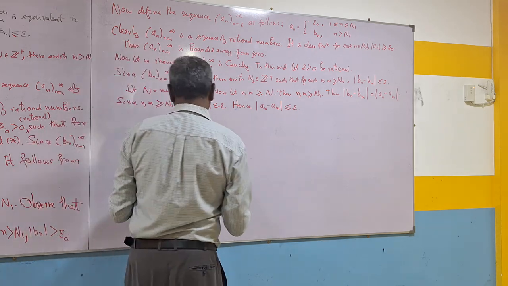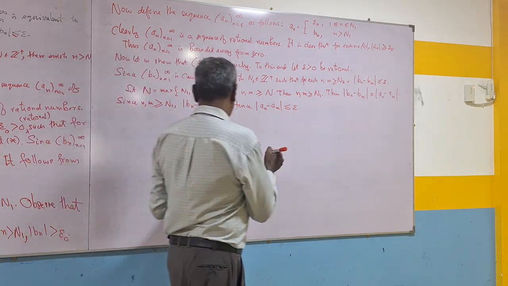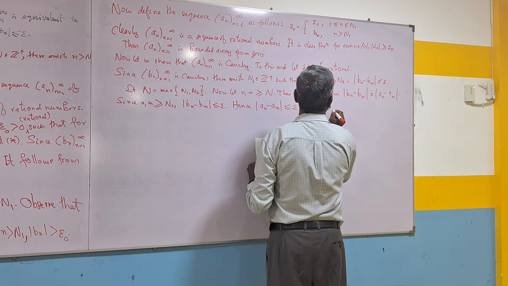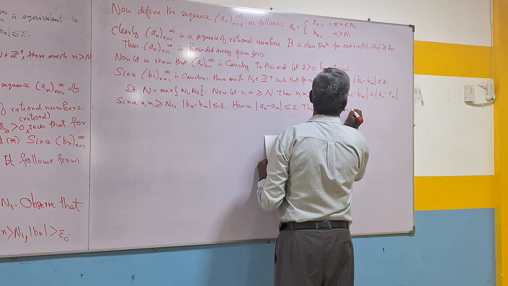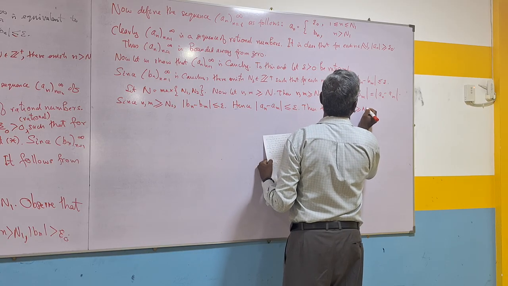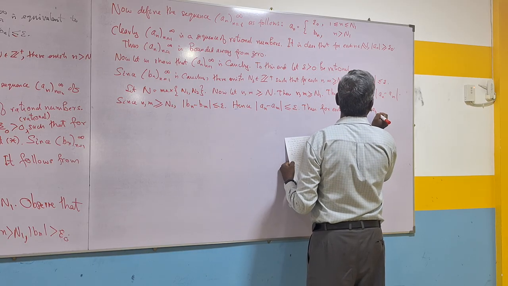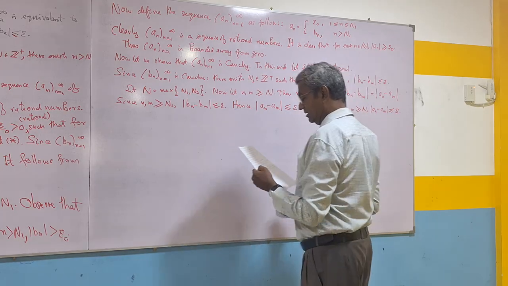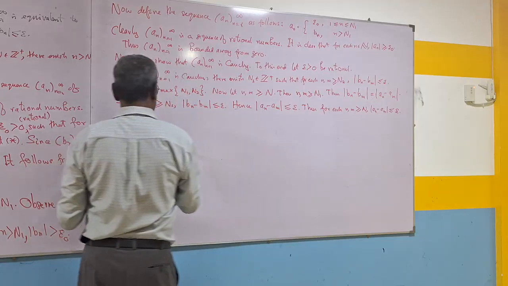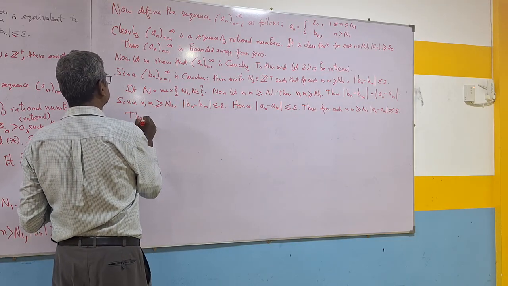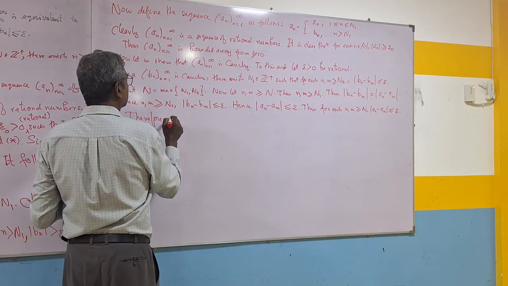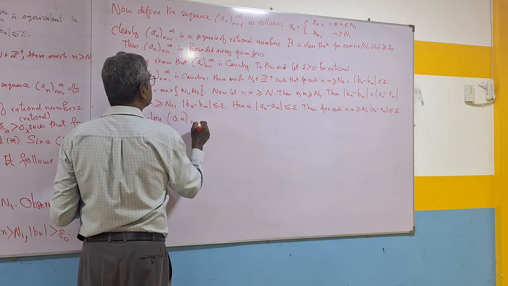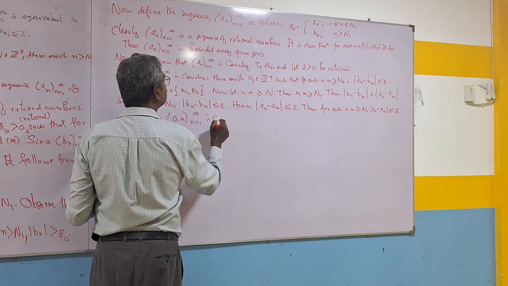Thus, for each n, m greater than or equal to capital N, the absolute value of An minus Am is less than or equal to epsilon. Therefore, An, n going to infinity, is Cauchy.